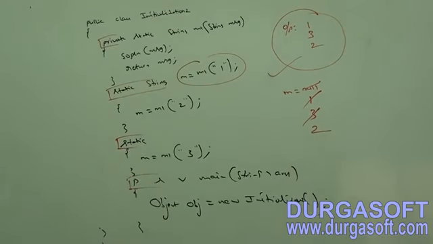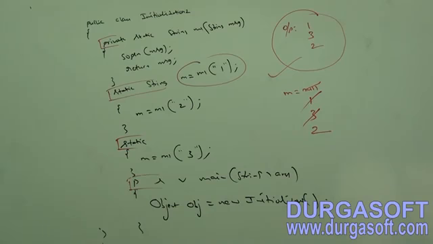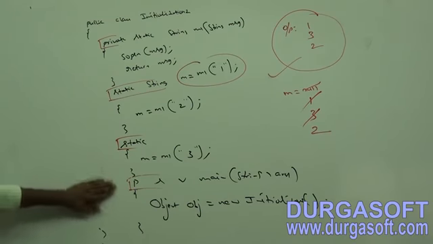Instance control flow, static control flow. What is the order? Okay, is it clear for you people? Instance control flow, static control flow.